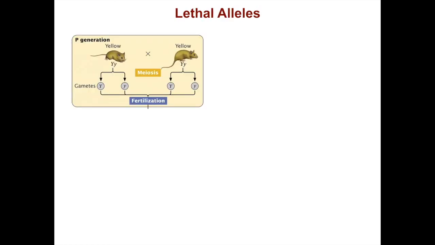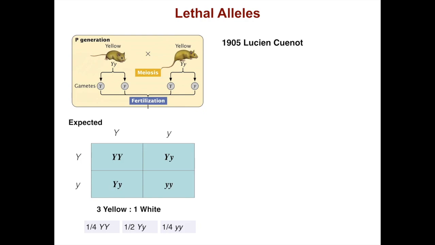There are also alleles that are lethal. So consider the yellow locus in mice. So you have 2 heterozygotes for this yellow allele. And this was discovered by Lucien Cuénot. So the expected phenotypic and genotypic ratio, when you do the Punnett Square, are 3 yellow to 1 white. And the genotypic ratio is 1 to 2 to 1.